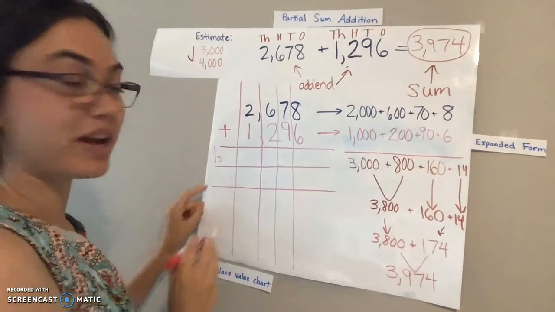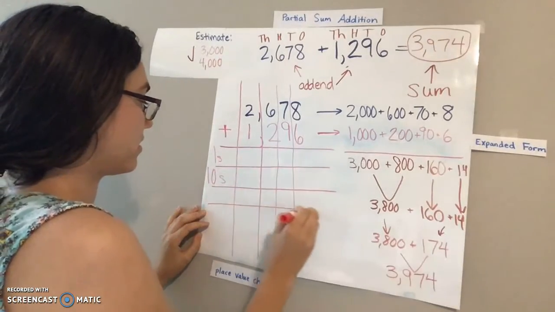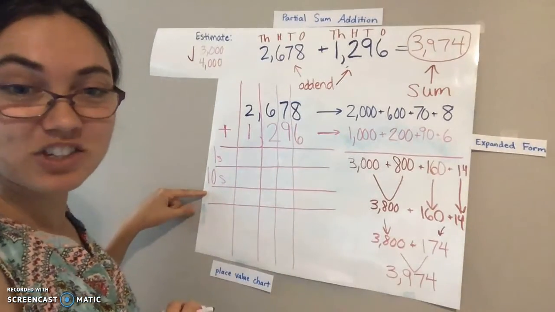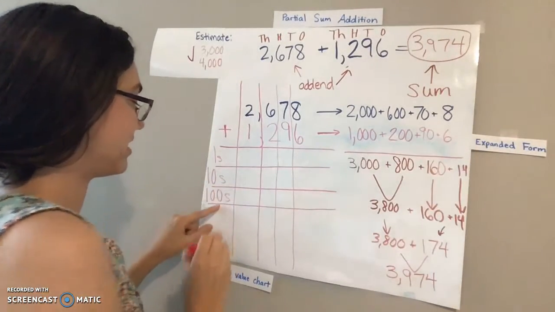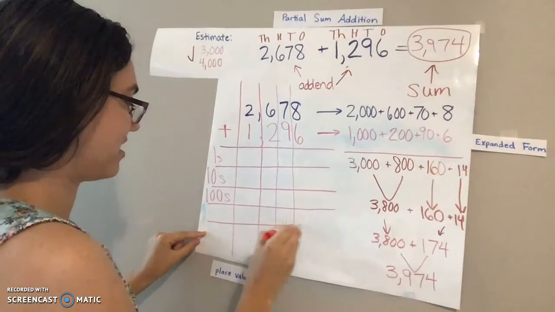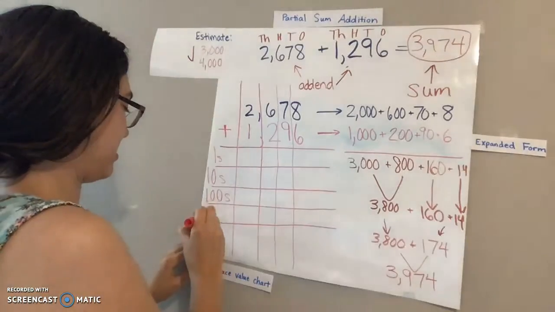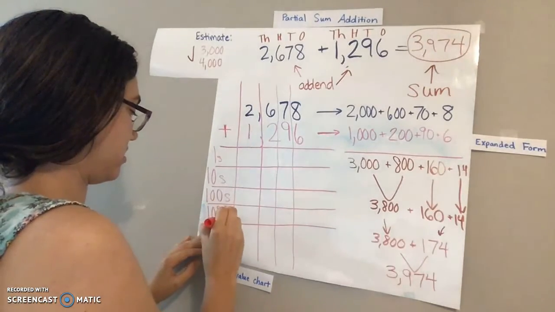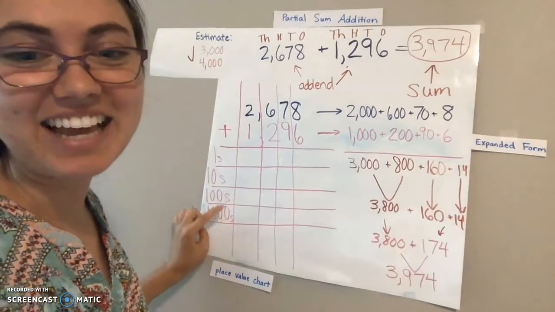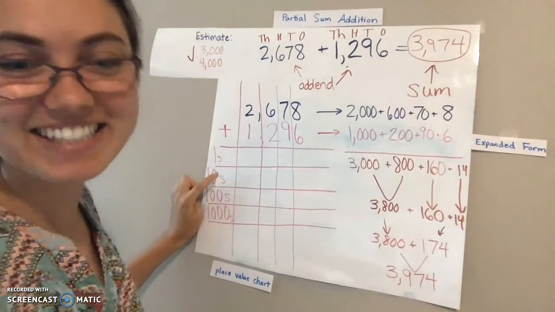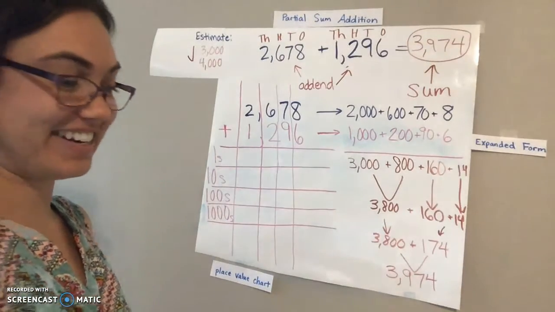This will be my tens row. This will be my hundreds row. And this will be my thousands row. That little S means thousands, hundreds, tens, ones. Okay, we are ready to get started.